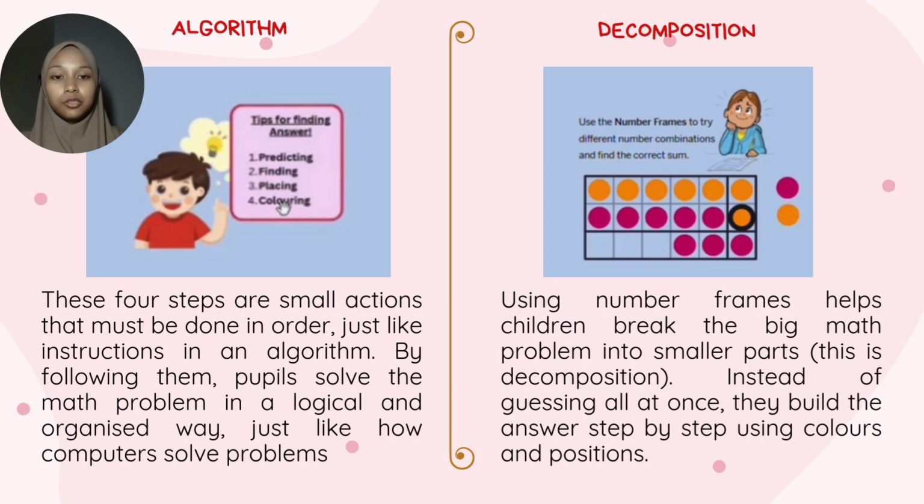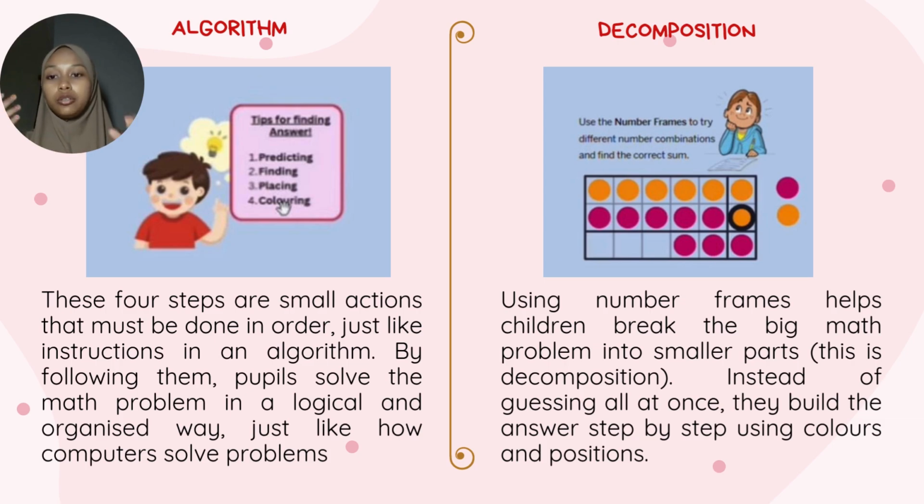The second computational thinking element is decomposition. If you revise the previous video that I showed, we use the number frame to try different number combinations and find the correct sum. We use the color dots, for example 4 plus 7.